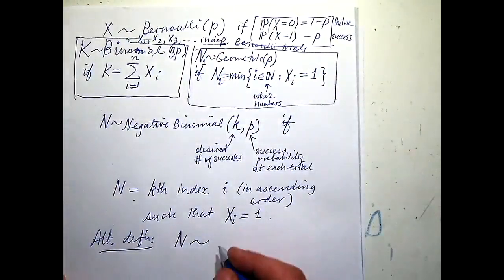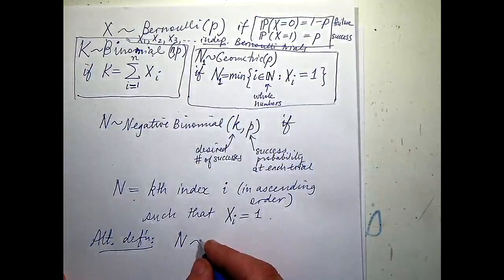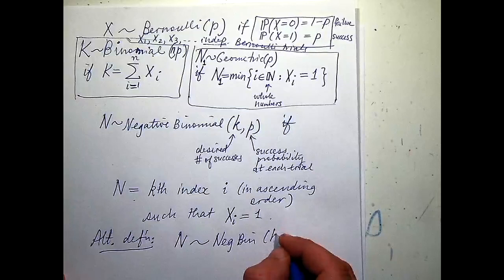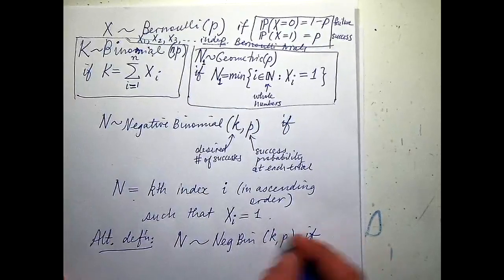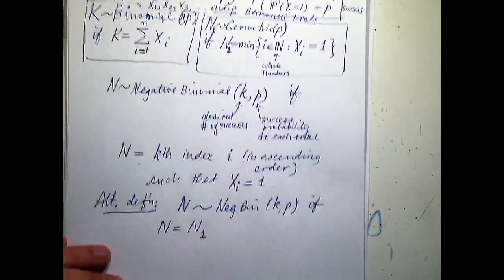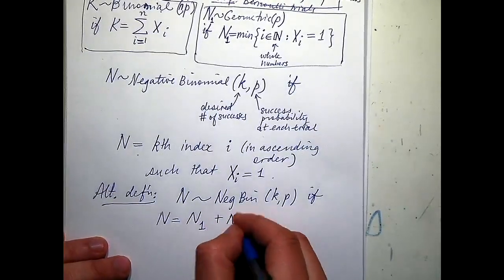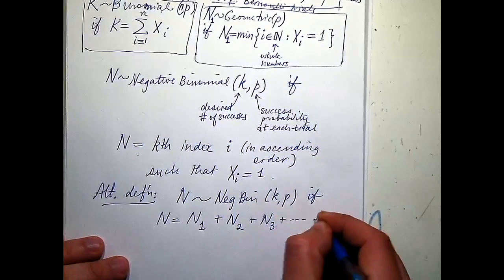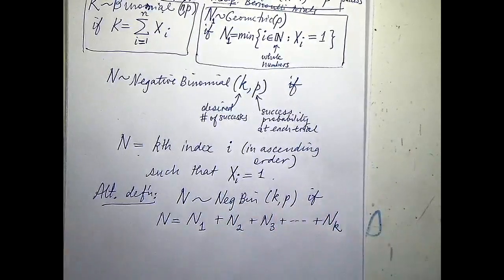And then, it's kind of neat, I can write n is negative binomial kp if it has the distribution of the following thing. N is equal to n1, so n1 is going to be a geometric like above, plus n2 plus n3. So in general, if I'm waiting for k successes, I have to play the geometric waiting time game k times. One for the first success, one for the second, and so on.